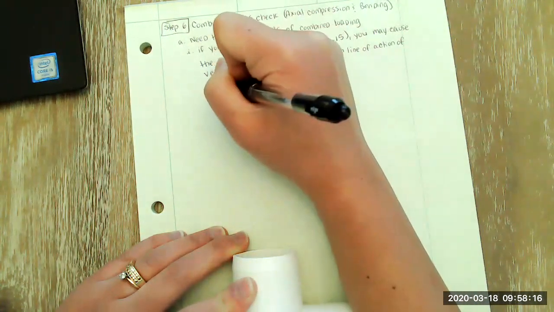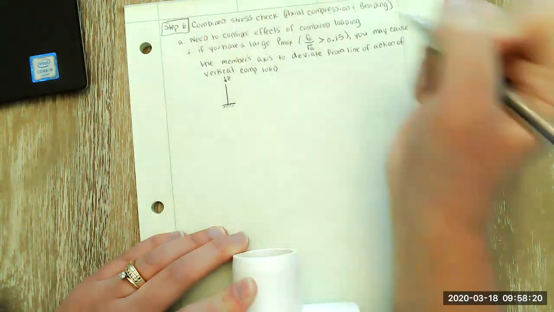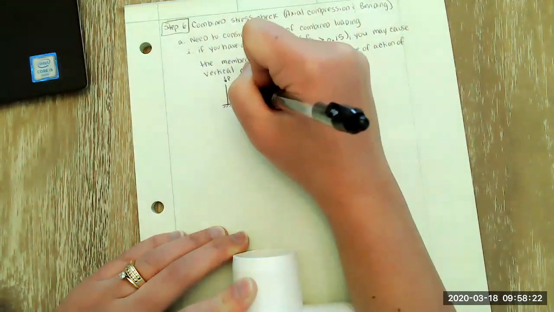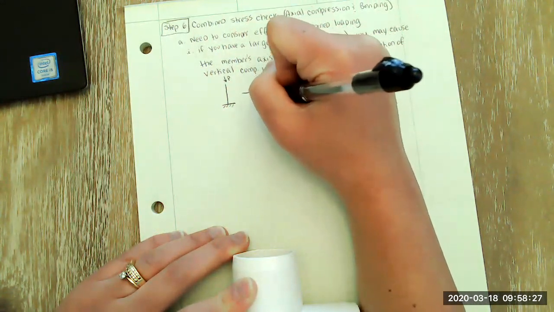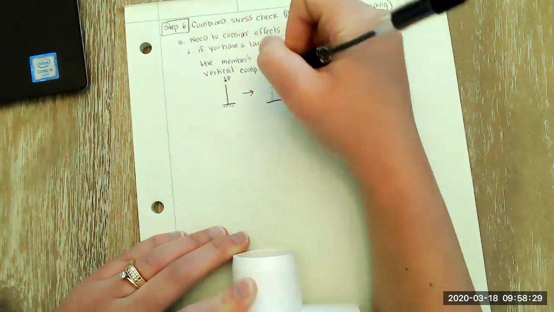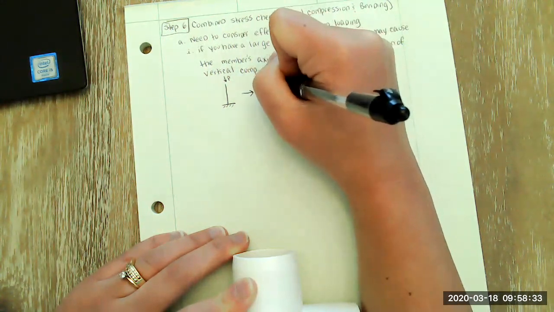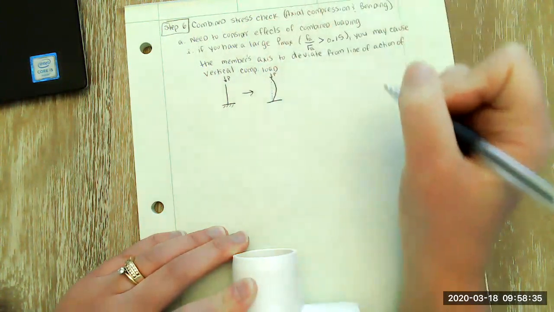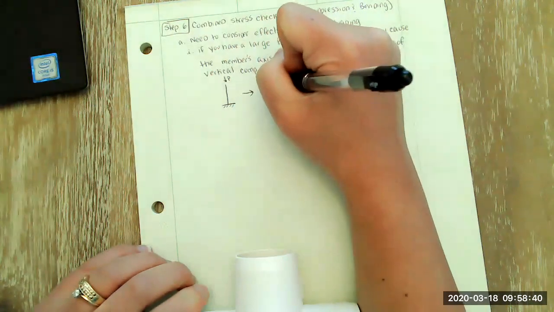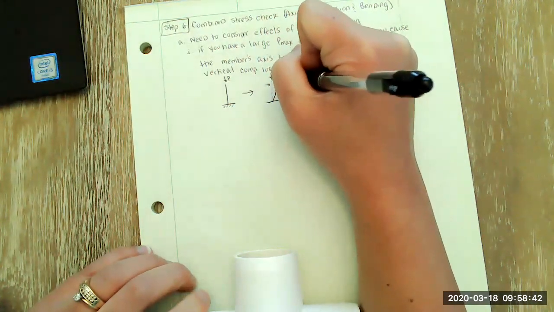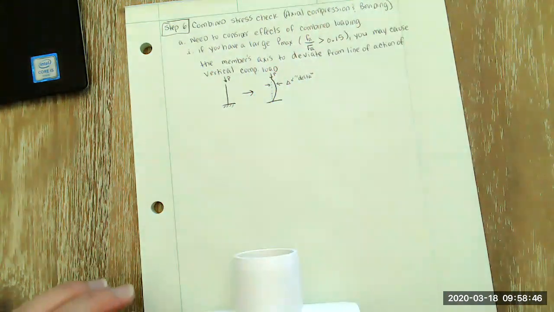So basically another way, if I drew this, here's my column with some load P. If P is large enough, here's the line of action of my column. Here's P. But what my column does is it bows slightly to the side because I'm pressing down on it so hard. And this distance we call delta or deflection.